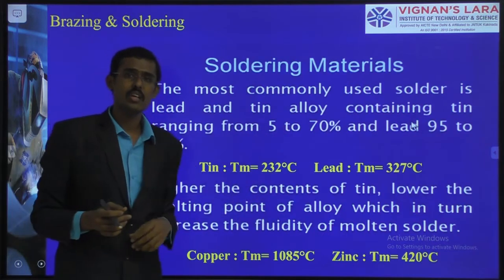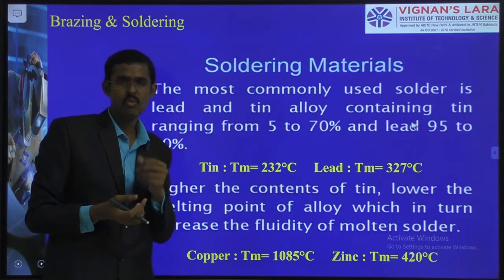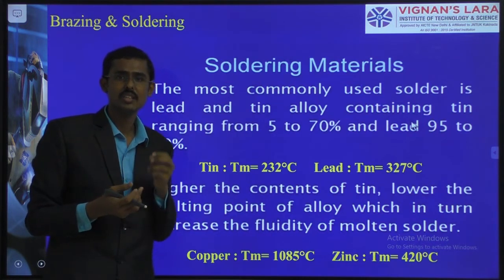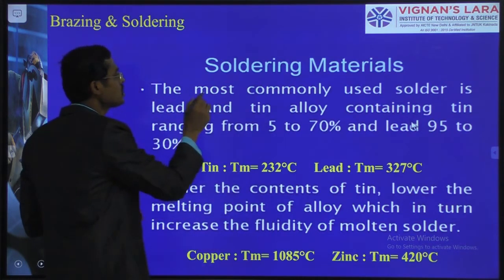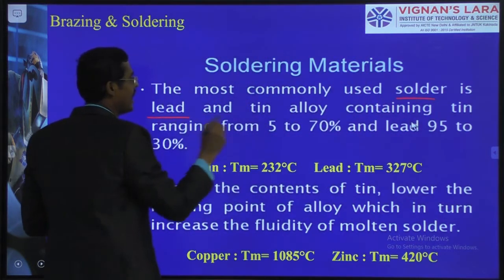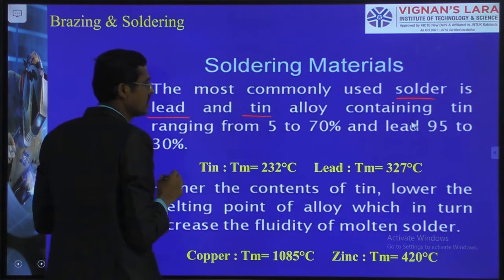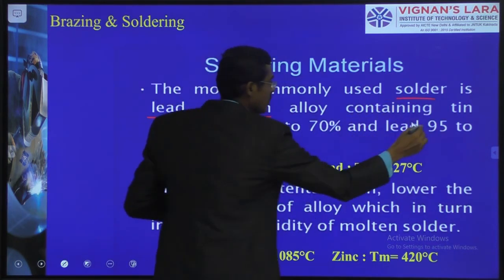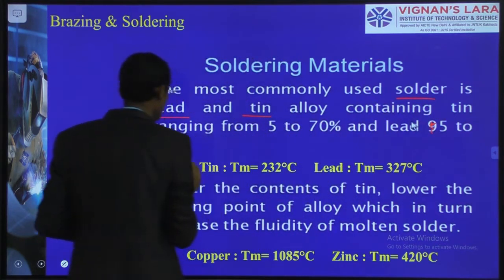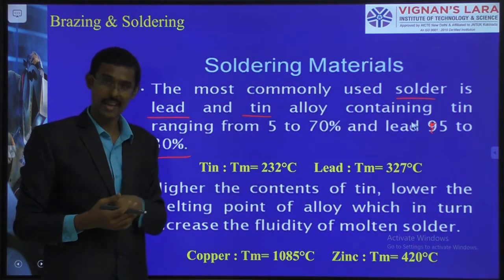What soldering material are we using then? We understand we are melting only the filler wire. What is that? We are planning the soldering wires. The most commonly used solder is a lead and tin alloy containing tin ranging from 5 to 70% and lead from 5 to 30%. That is why tin and lead are used as soldering wires for joining.